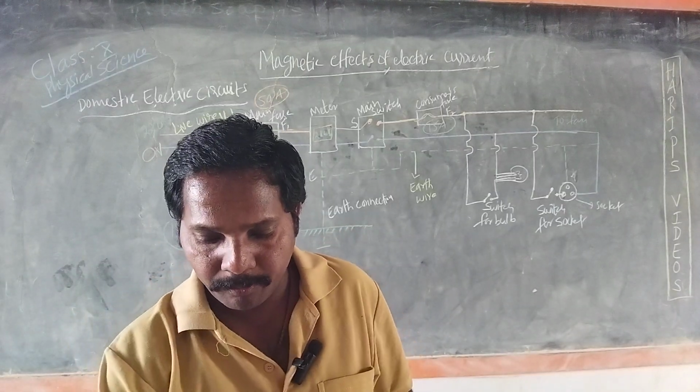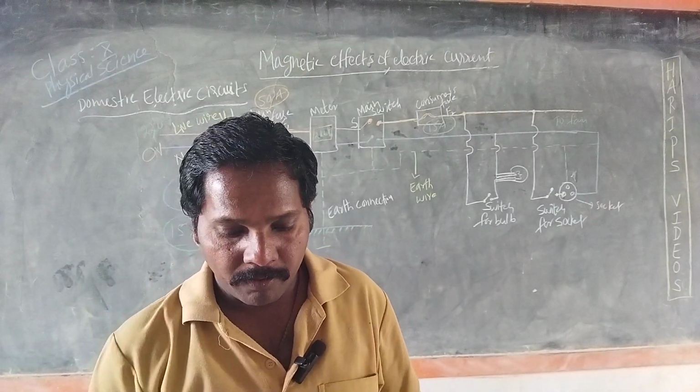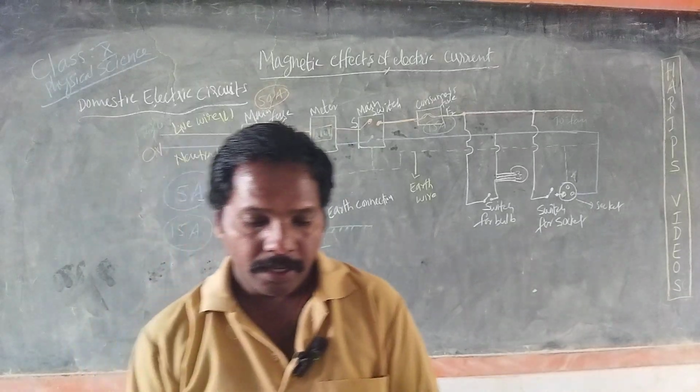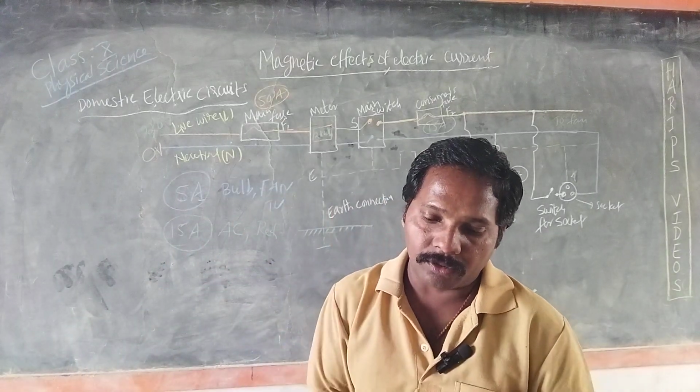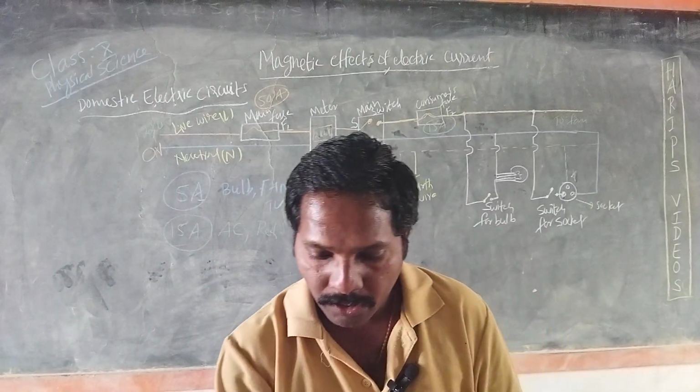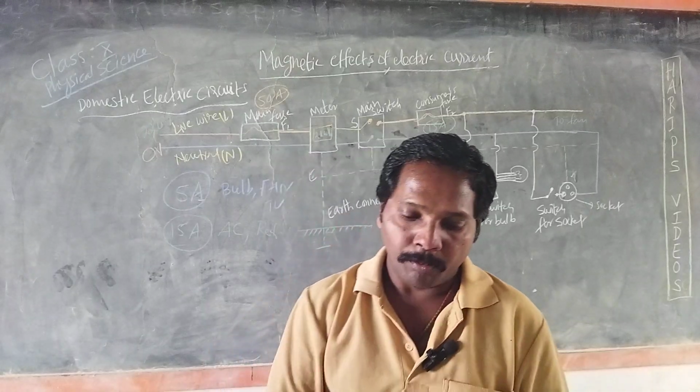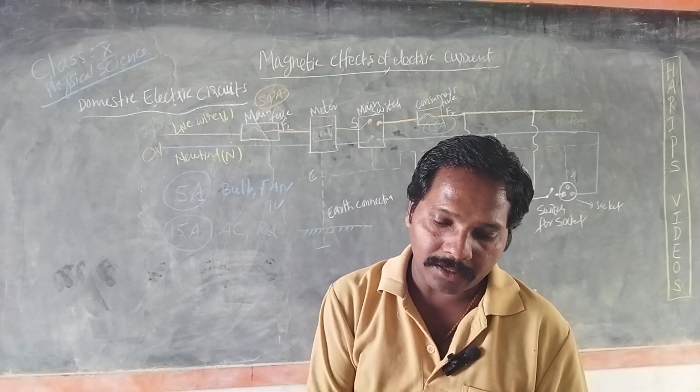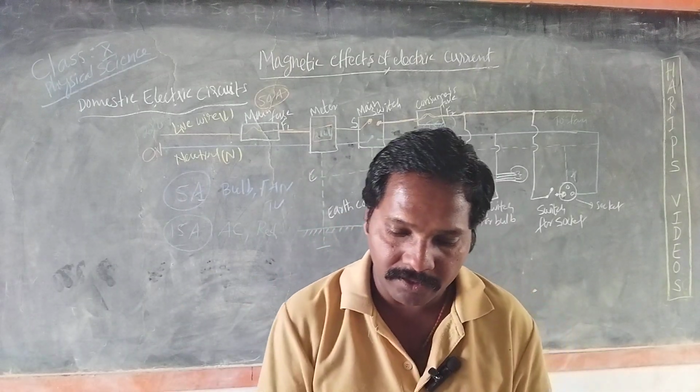We use separate fuses so that if a fault like a short circuit occurs in one circuit, its corresponding fuse blows off, but the other circuit remains unaffected.